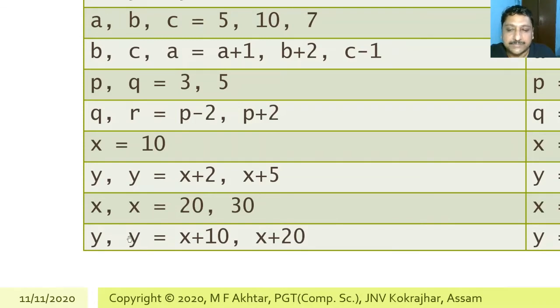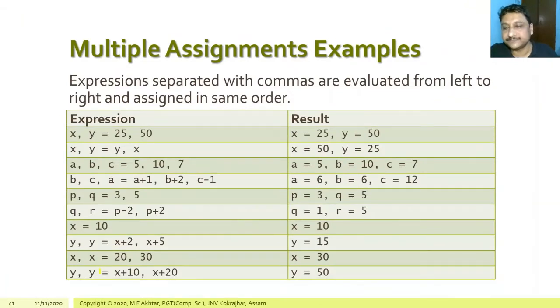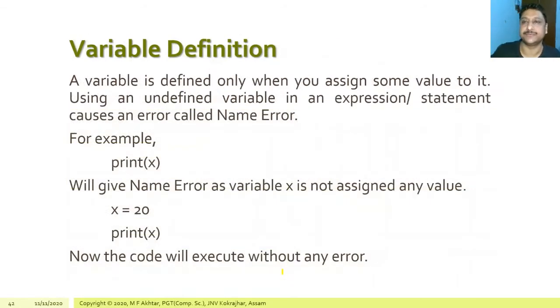Next time, since the same variable is here, the value of y will become x plus 20, that is 50. Clear? The next value will be assigned. I hope you understood.